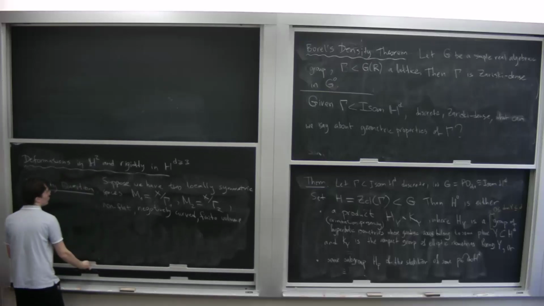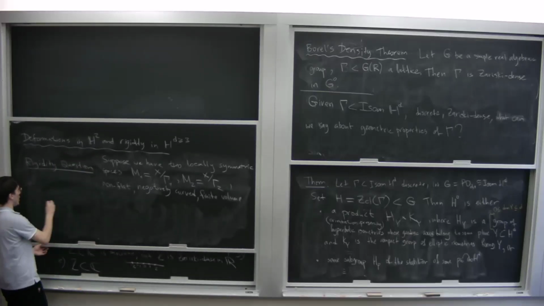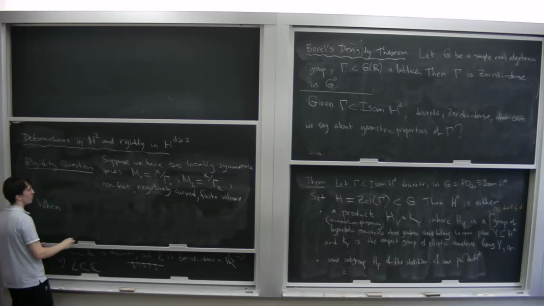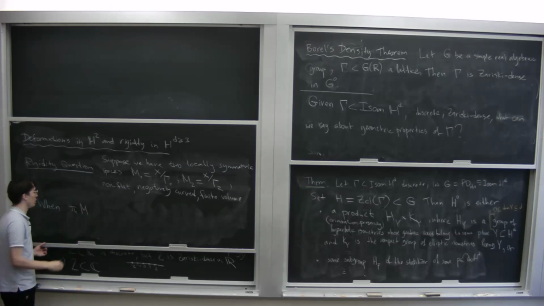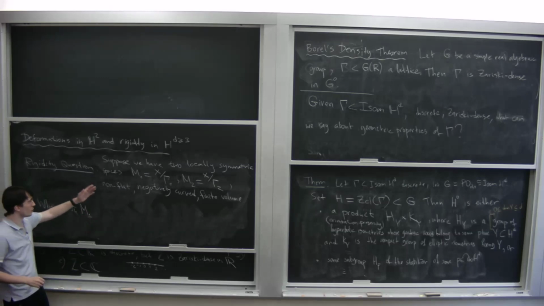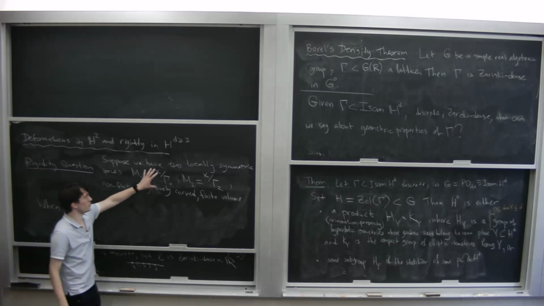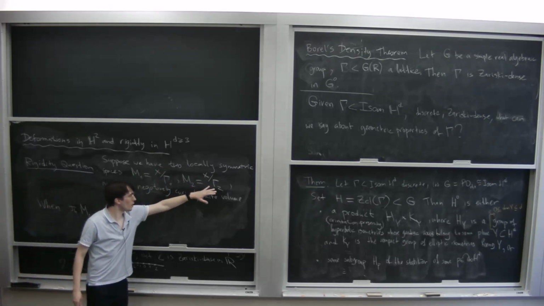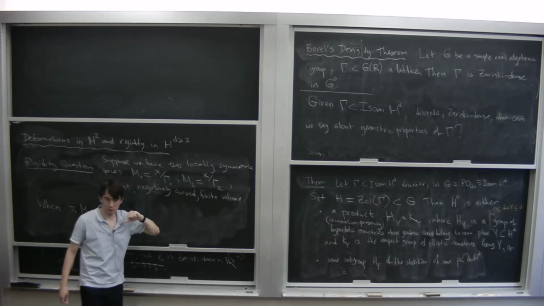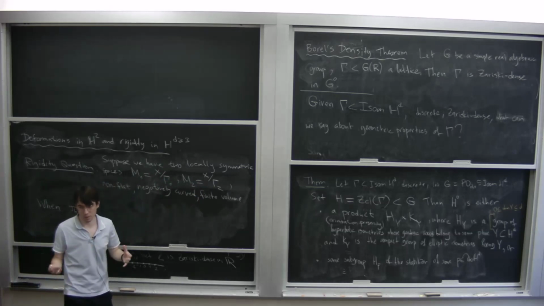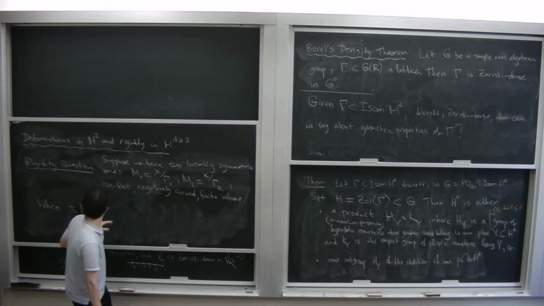So the question is this: when the fundamental group of M1, okay, there is some subtlety. I assume that these are torsion-free lattices, but in fact it doesn't matter, right?